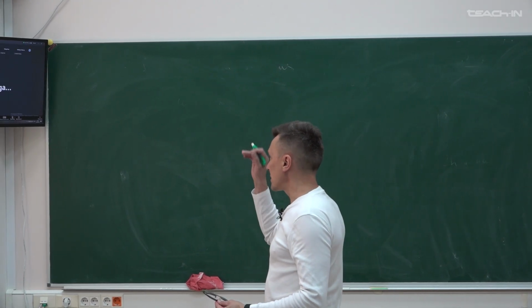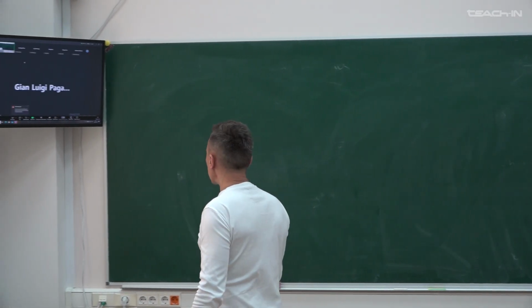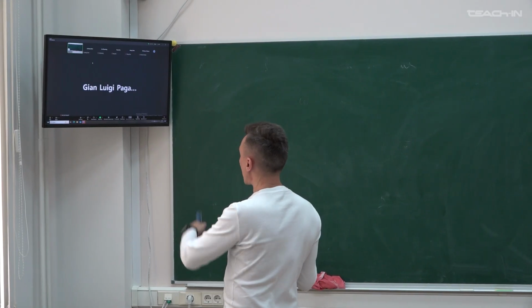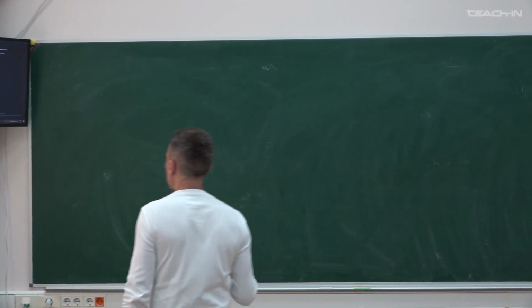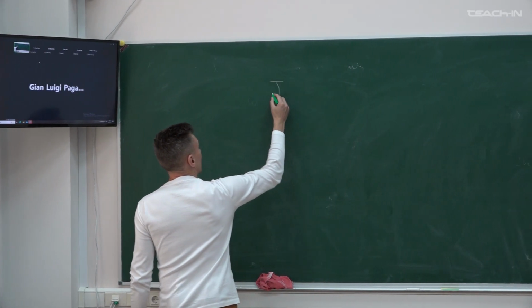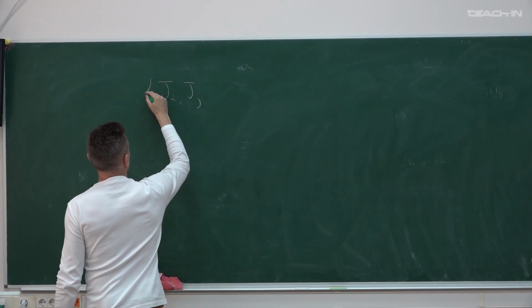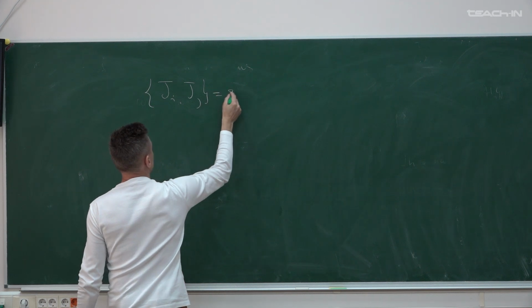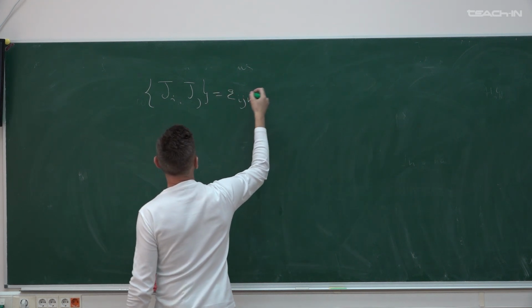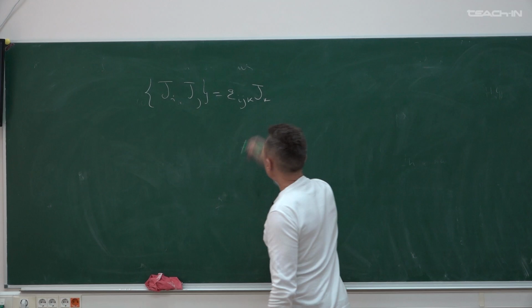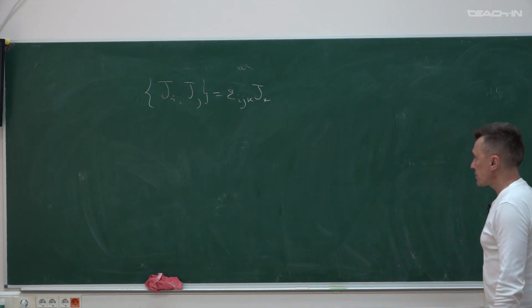Okay, I switch off the whiteboard. I just give you some comments and we will stop for today. You are absolutely right that the Poisson bracket is given by the complete antisymmetric tensor epsilon.